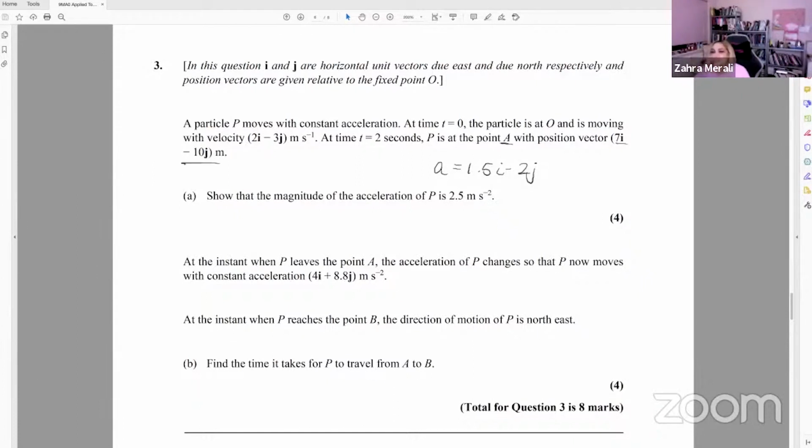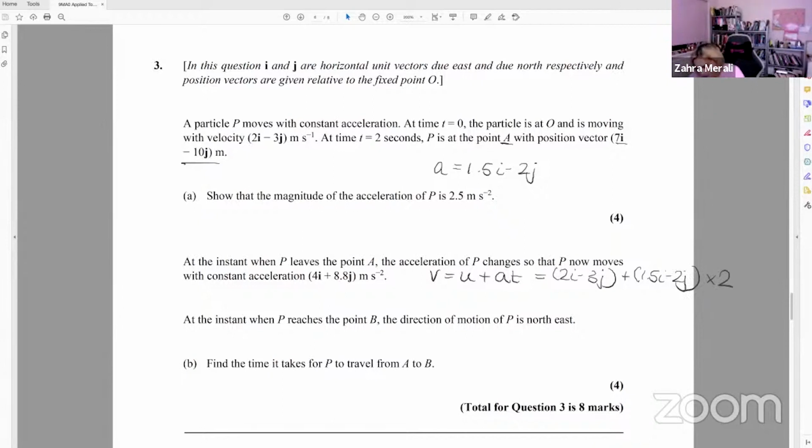So first of all, this is like if you've seen the pulleys question, we want to find out the v just before anything changes. So we're going to use v equals u plus at to find the v at A. So we've got our u, which was 2i minus 3j, plus our a, 1.5i minus 2j, times the time it took, so times 2.